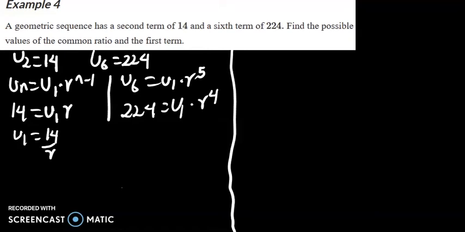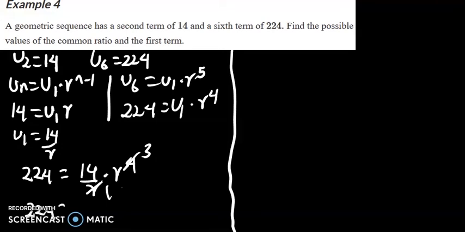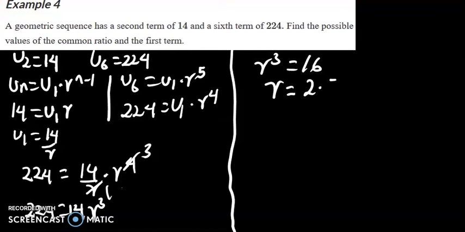So if I put it in this formula, it will be 224 is equal to u1, that's 14 over r, times r to the power 4. This will be r cubed, so 224 is equal to 14 r cubed. So r cubed is equal to 16, which gives you r to be 2.52, to 3 significant figures.